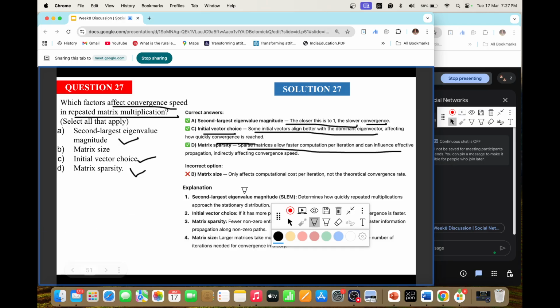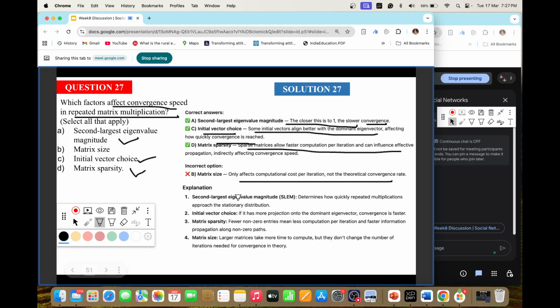And matrix size only affects the computational cost per iteration, not the theoretical convergence rate. The second largest eigenvalue magnitude, SLEM, determines how quickly the repeated multiplication approaches the stationary distribution. Initial vector choice: if it has more projection onto the dominant vector, convergence is faster.